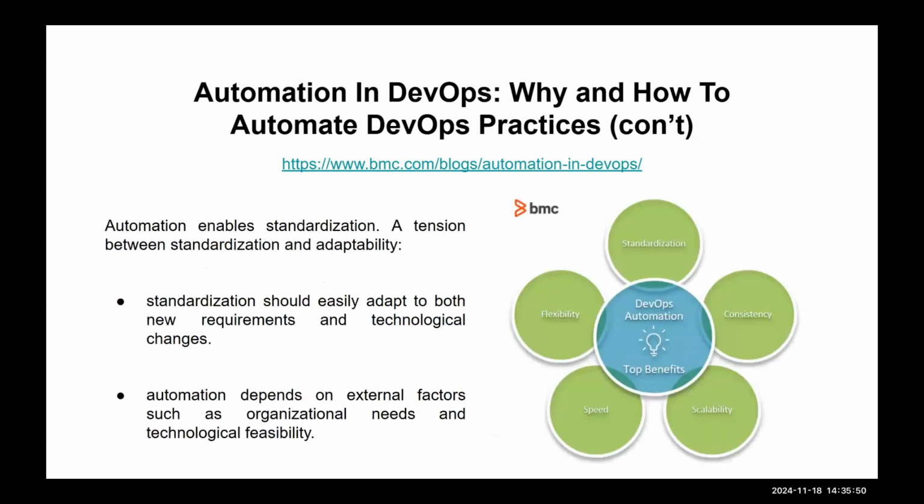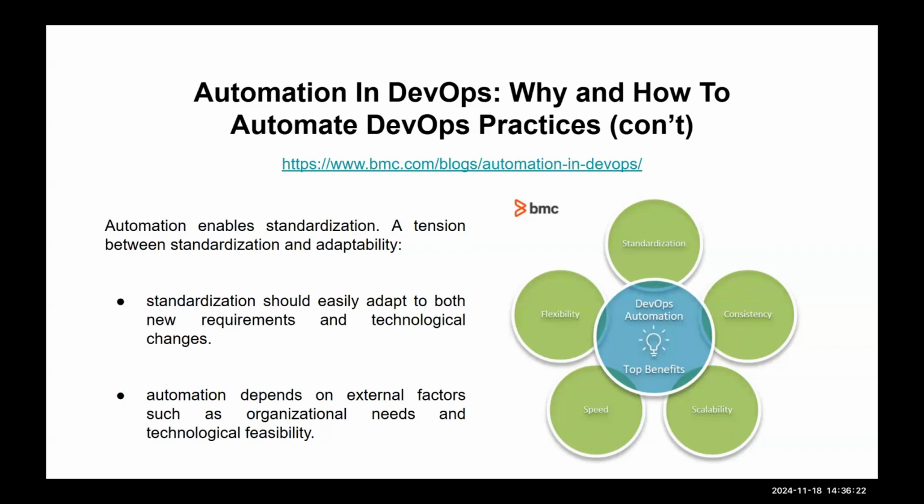So again, these are the benefits of DevOps automation. This diagram on the right is from the article, and they have 5 points here. The top benefits of DevOps automation: flexibility, standardization, consistency, scalability, and speed. Standardization means standardizing software-oriented workflows, where you follow the same procedure to get benefits.